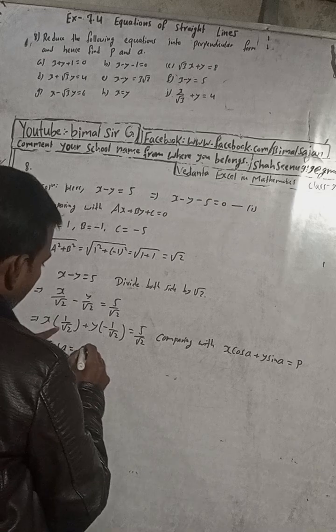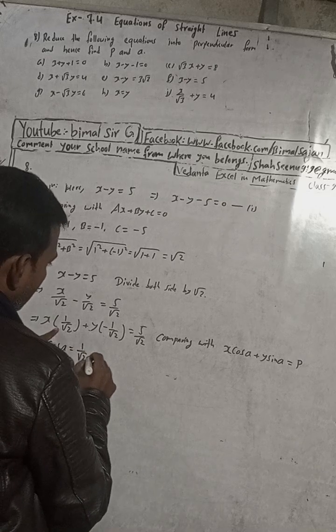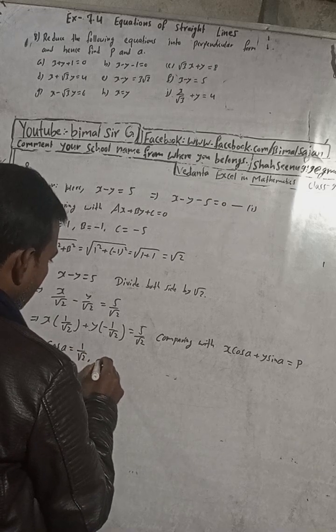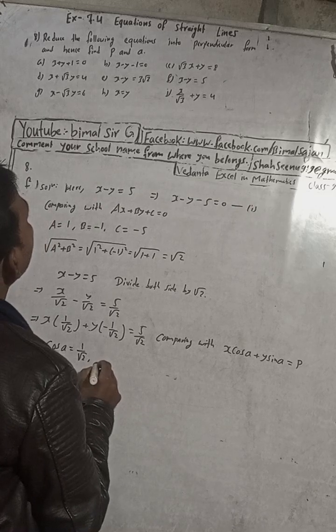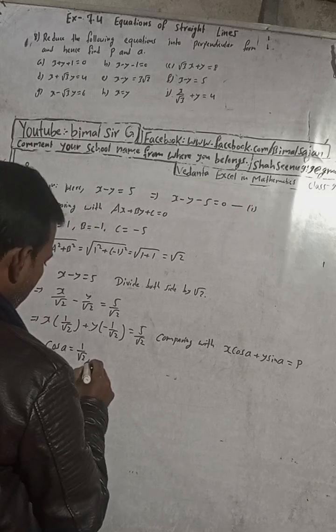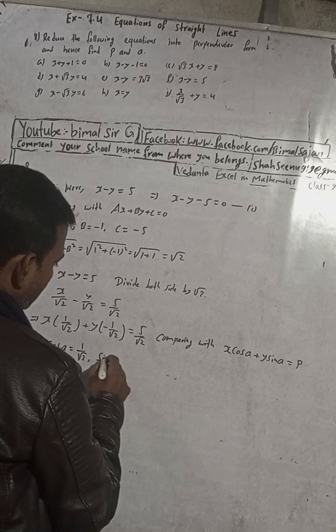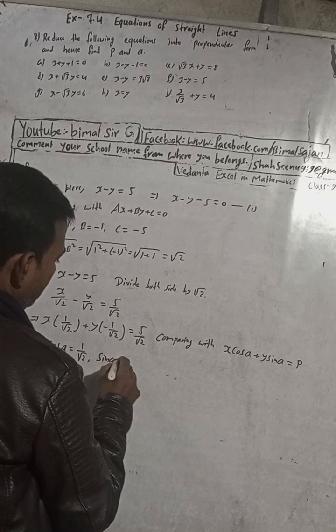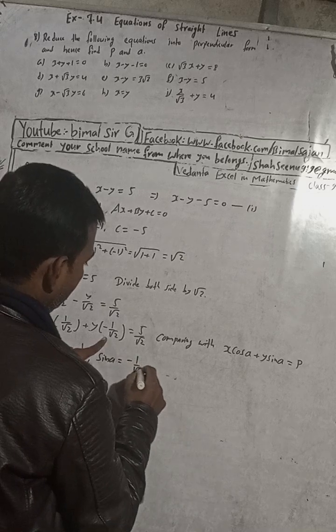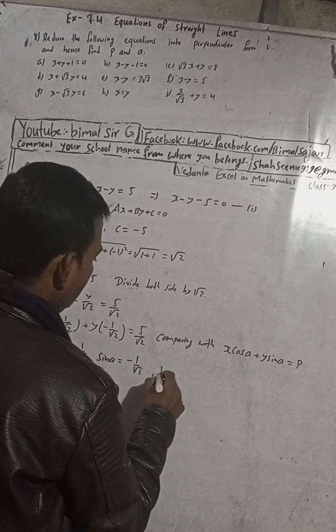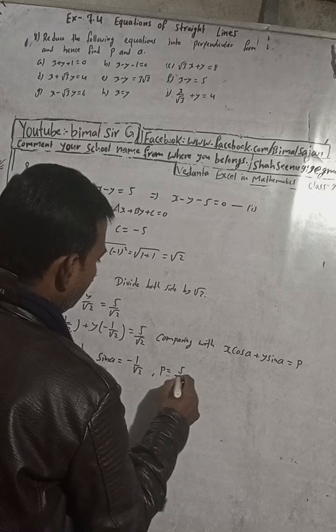Cos alpha is equal to 1 by root 2, and sin alpha is equal to minus 1 by root 2, and p is equal to 5 by root 2.